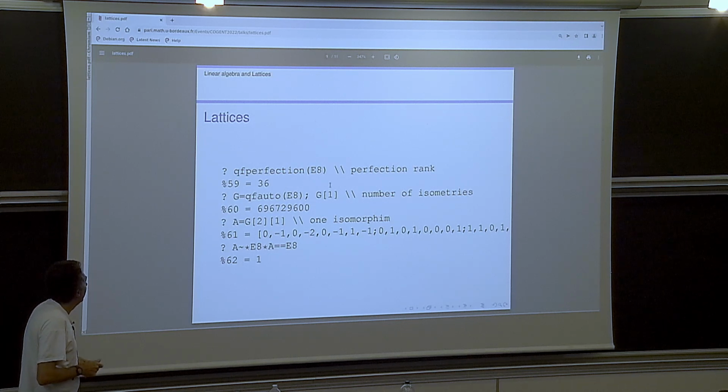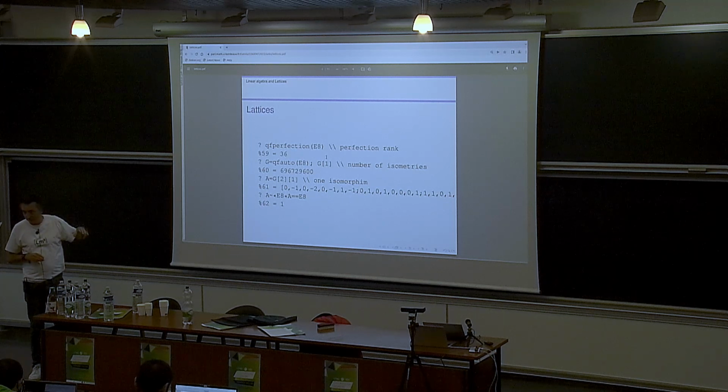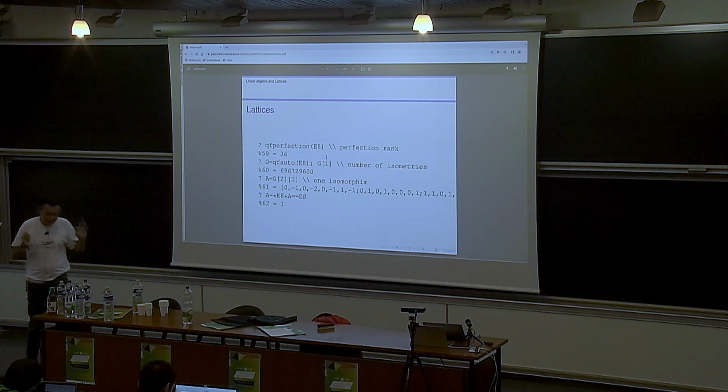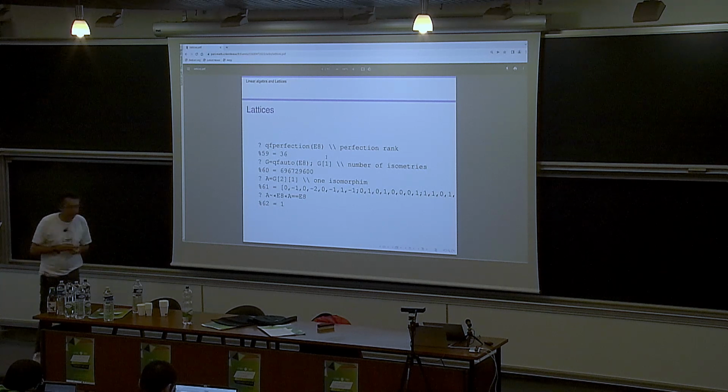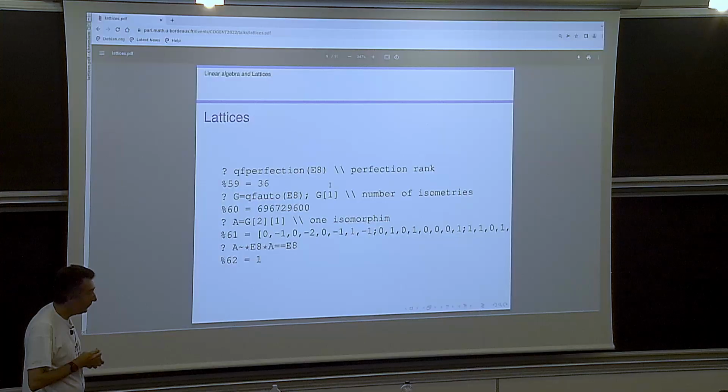So maybe I should mention there is a function qfautoexport that exports the group to GAP. So you get a matrix group in GAP, and then you can maybe do something more clever than what you can do in PARI-GP. Is that a function in PARI-GP or in GAP? In PARI-GP. To a file or something? No, to a string. And then the string you can write it.